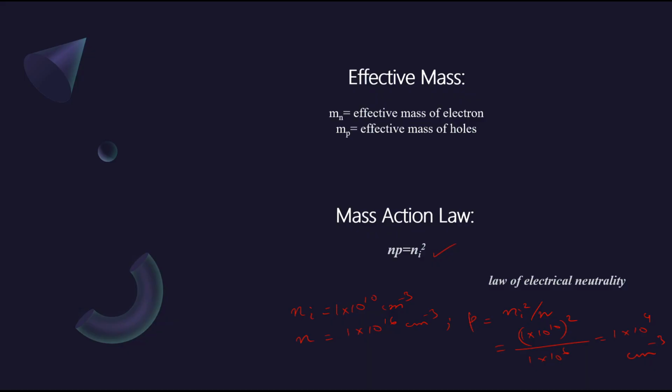Holes are extremely in the minority here because we have doped the intrinsic semiconductor with electrons. So this is one example where we can determine the concentration of the holes or electrons depending on the values using the mass action law.